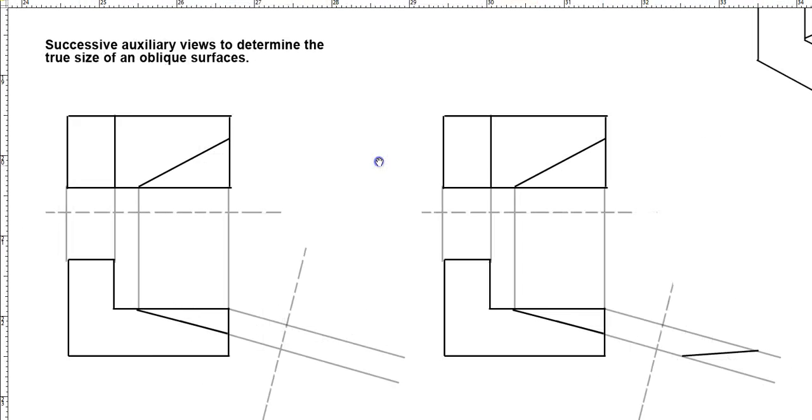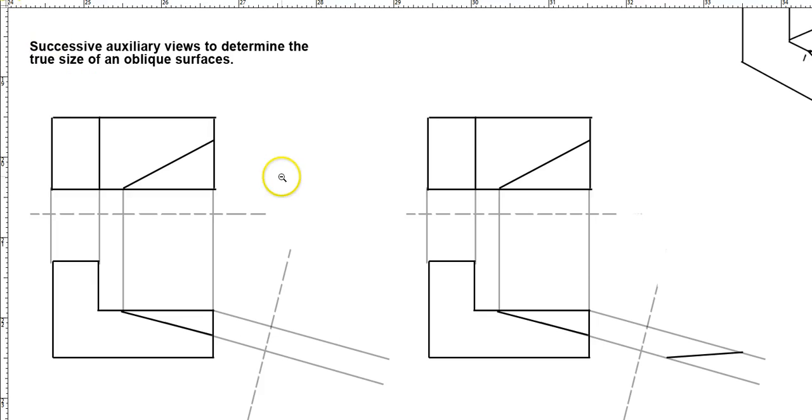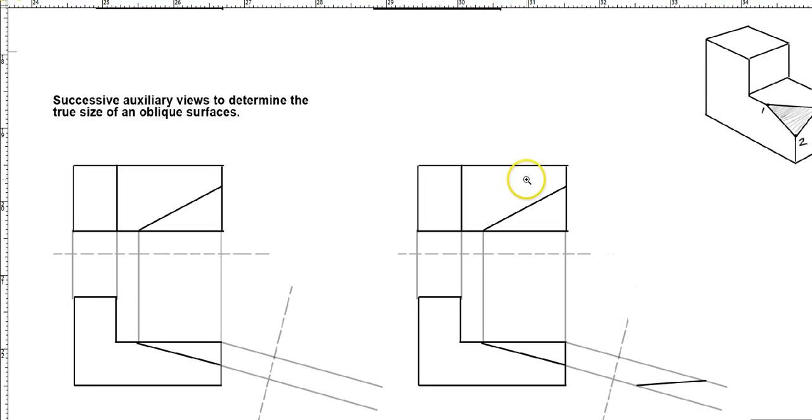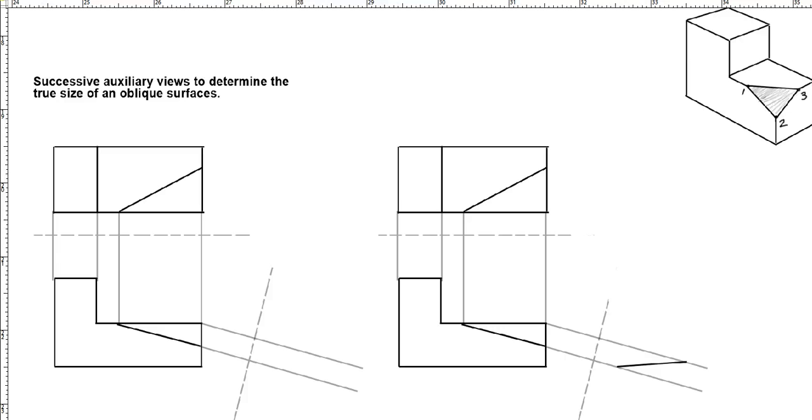So when we are looking in the top view, we have number 1, number 2, number 3. In the front view, when I project it down, this is number 1, this is 3, this is 2.